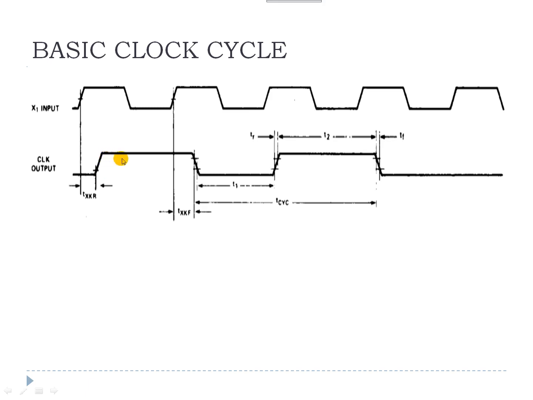After that, the one state will be maintained, and after some delay, the trailing edge will follow. So this is how the basic clock of a microprocessor is generated.